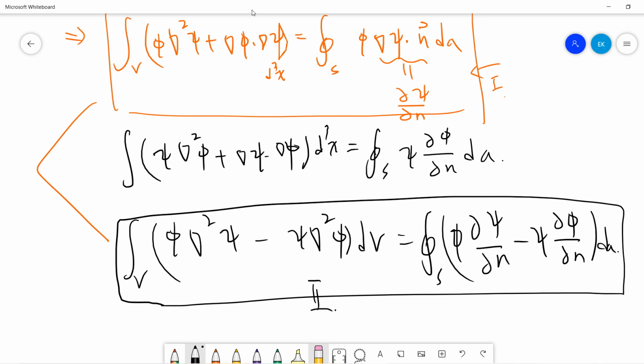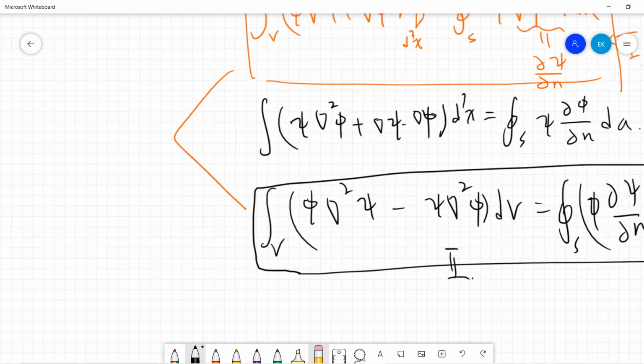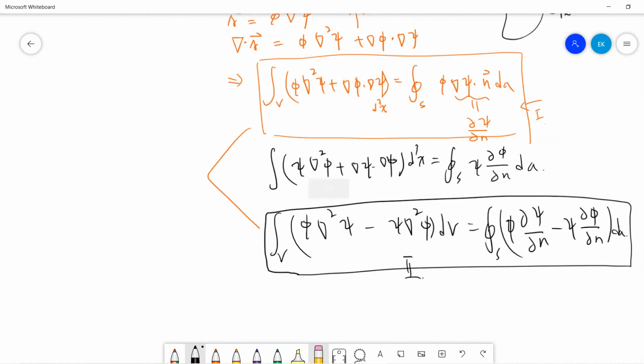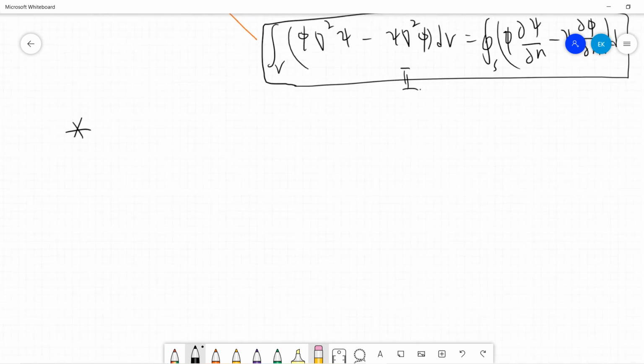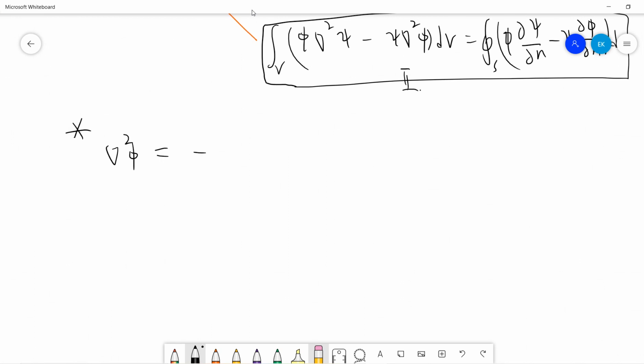The second Green's identity has applications. Maybe I can derive it now, or maybe next time. Yeah, maybe I derive it this time. Suppose that this phi satisfies the Laplace equation with a charge rho, so Laplace phi is minus 4 pi rho.